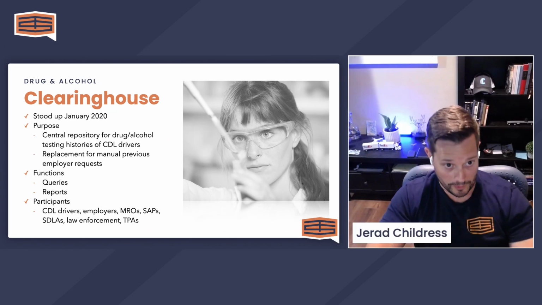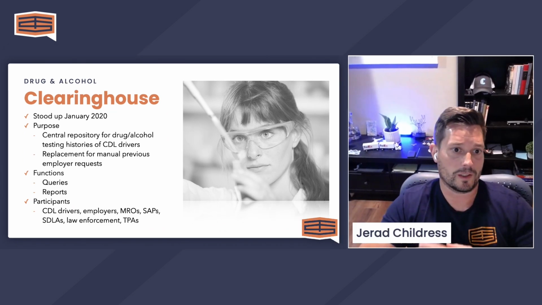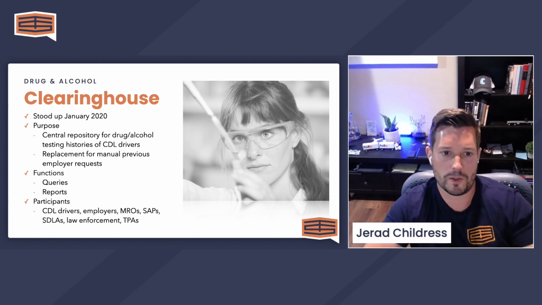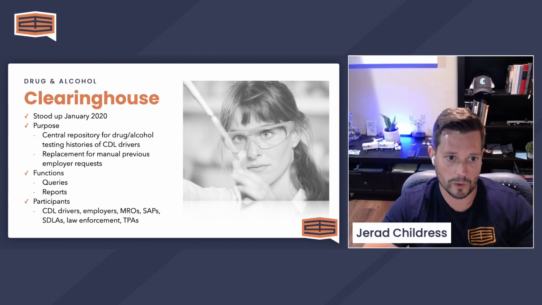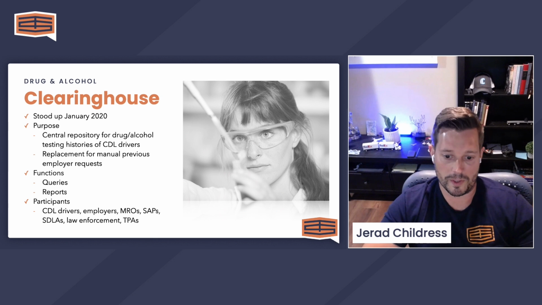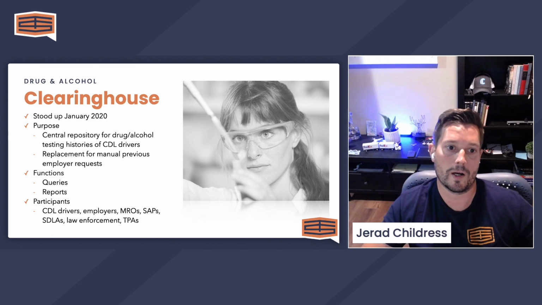Excellent. So as we've talked about, the Clearinghouse has been around for some time. It was stood up in January of 2020. And so a lot of data has been collected, and we're going to look at some of that data related to violations in the slides to come. But the overall purpose of the Clearinghouse is to create a repository of violations for CDL drivers that can be queried.